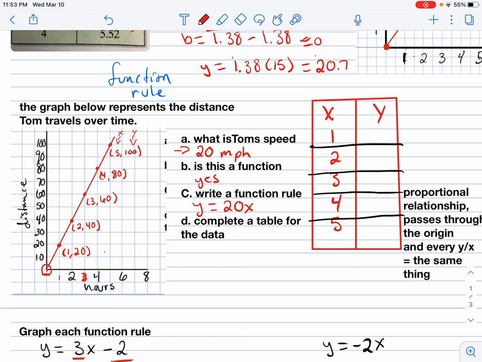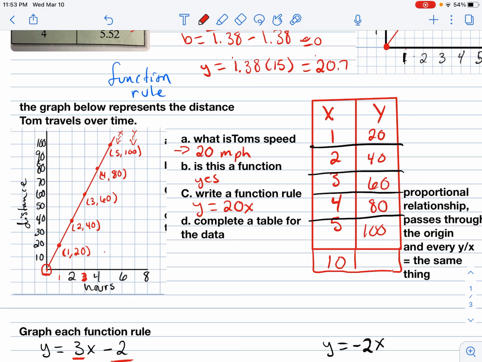Last part just says to complete the table of the data. So we have our points here, so we're just plugging in our input. And if I said I want to know what it's going to be after 10 hours, we'll fill that in. But here, at 1 it was 20, 2 it's going to be 40, 3 it's at 60, 4 it's at 80, 5 it's at 100.